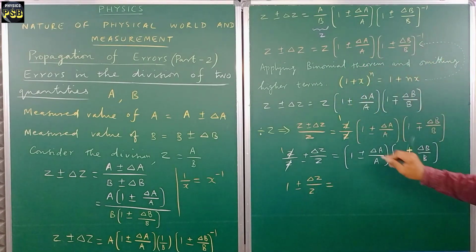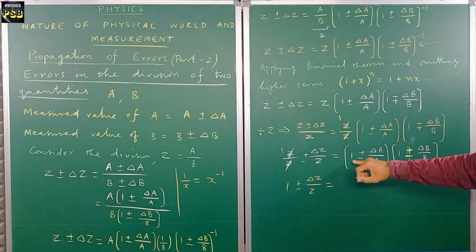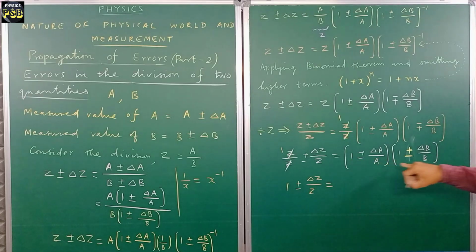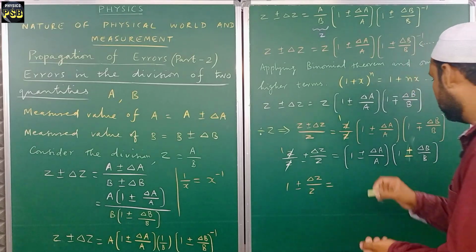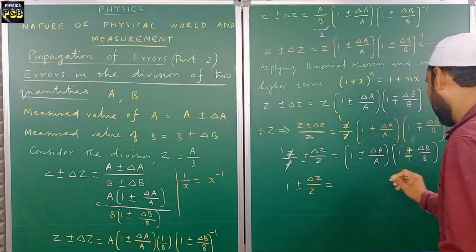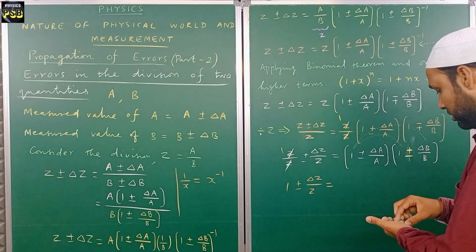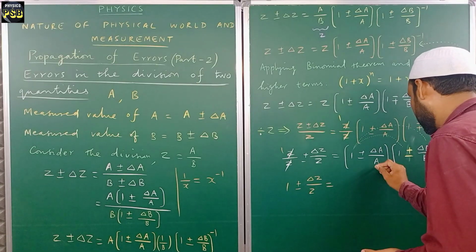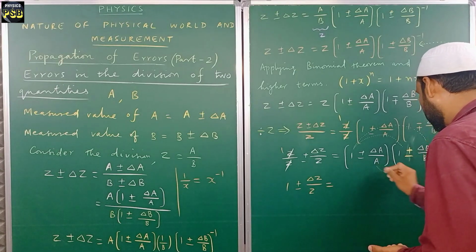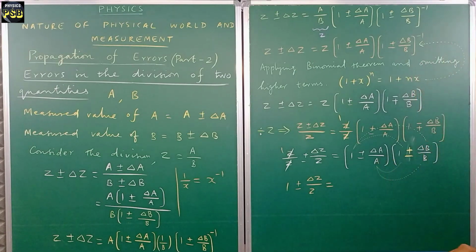Now I am going to multiply the terms present within this bracket with that present here. 1 is multiplied with this part and also with this part. Next, I will multiply this part with this, and then this one with this one.